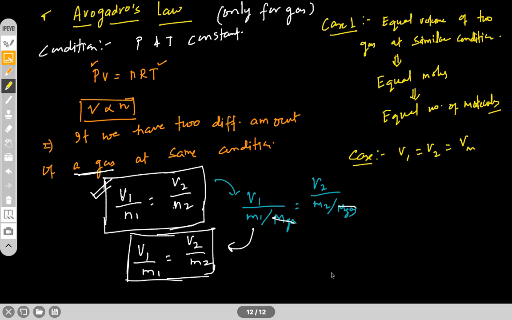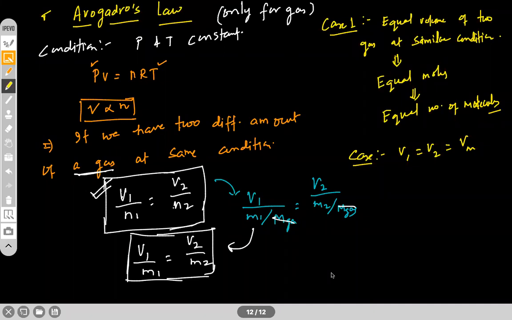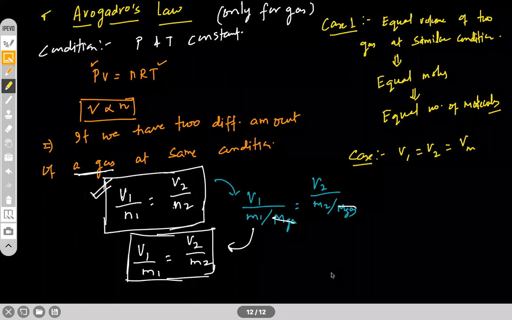right? Hence what we can say, if the gases occupy molar volume, and molar volume means we have STP, standard temperature and pressure. If the volume of the gas occupied is equal to the molar volume, it means they must have equal number of moles, and that mole is nothing but 1 mole, and 1 mole of gas has NA molecules. So when we compare this volume and molecules, what we can say, if the gases have equal volume and the volume is equal to the molar volume, then all gases will have equal number of molecules, and that number is nothing but Avogadro number. Can I say that?